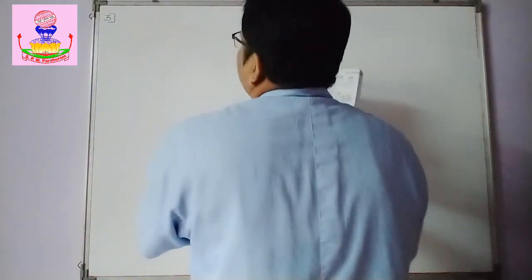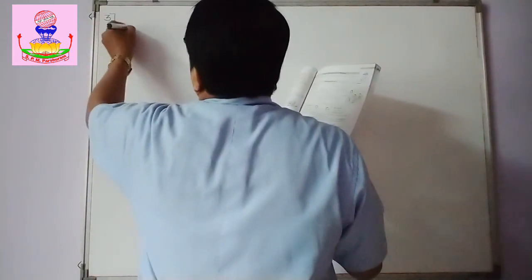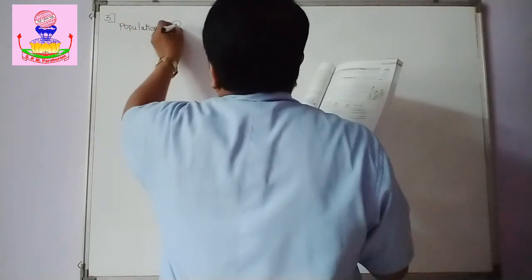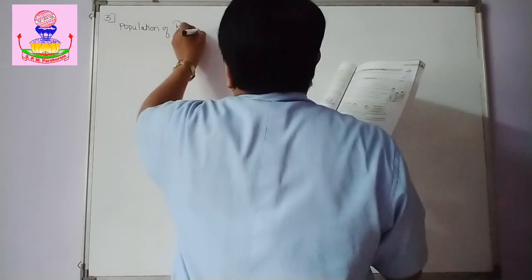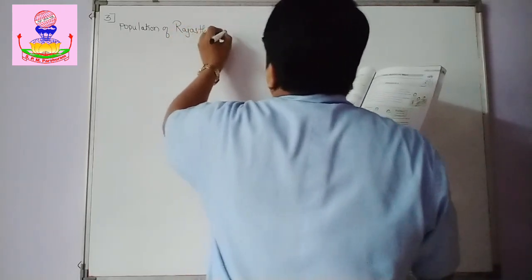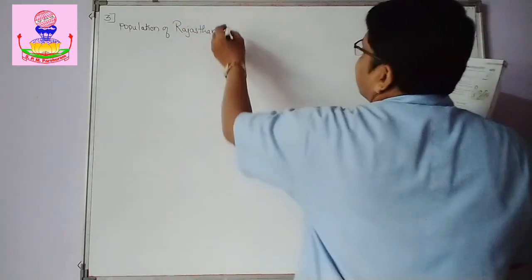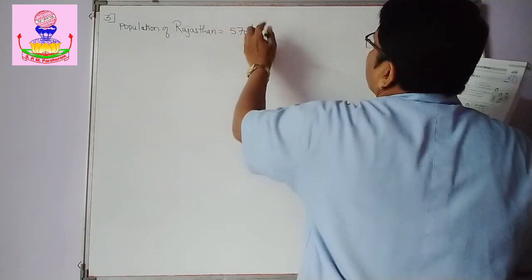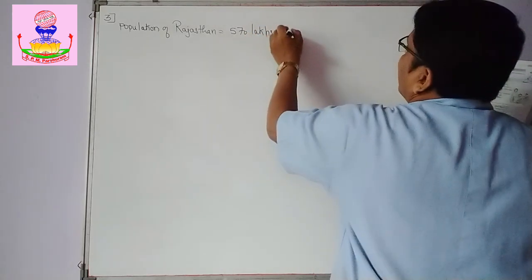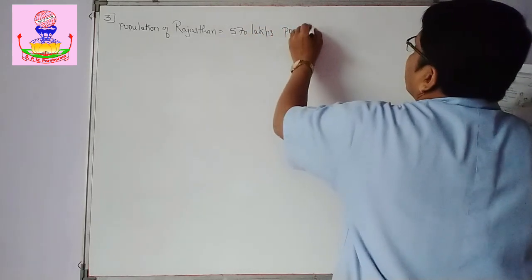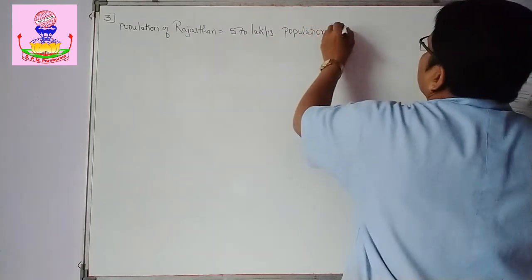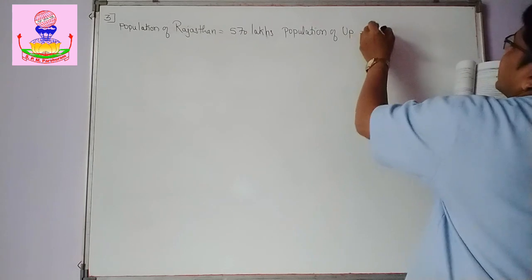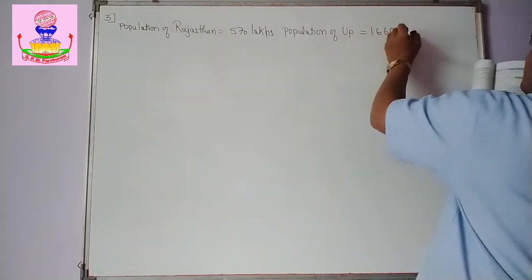Okay. So population of Rajasthan, how much is it? 570 lakhs. Population of UP, how much is it? 1660 lakhs.